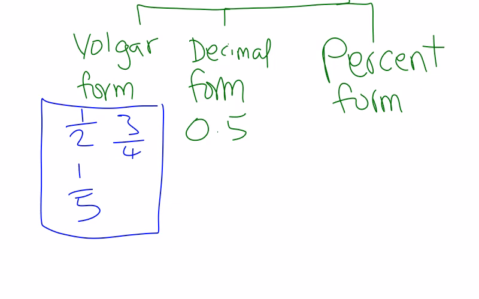So let's move to the next, which is 3 over 4. When you press your calculator, you get exactly 0.75. So 0.75 is the decimal form of expressing 3 over 4, which means giving you 3 over 4 of something is the same as giving you 0.75 of the same thing.